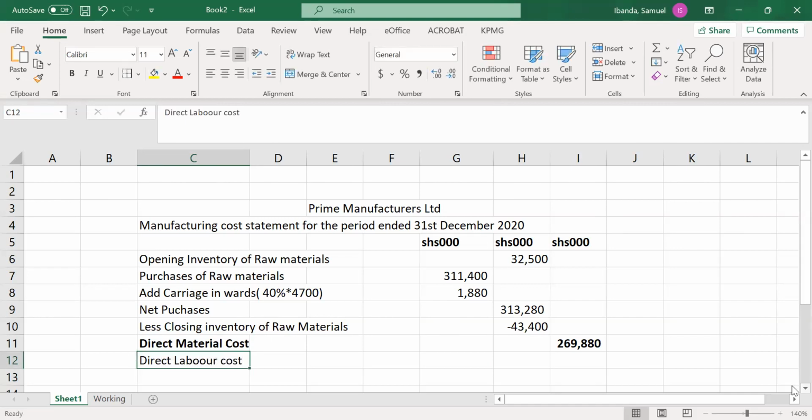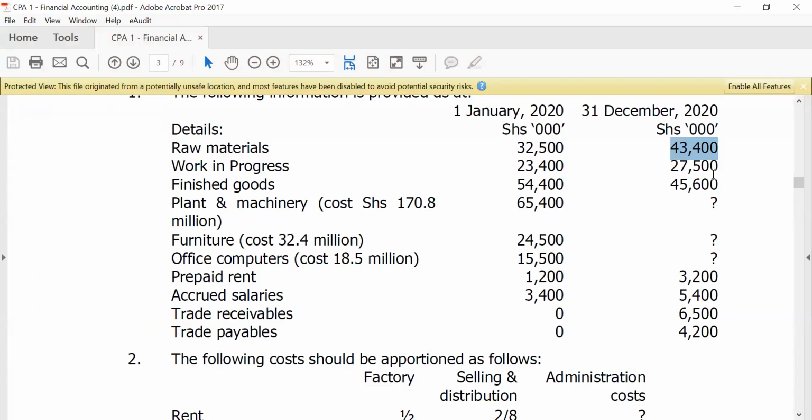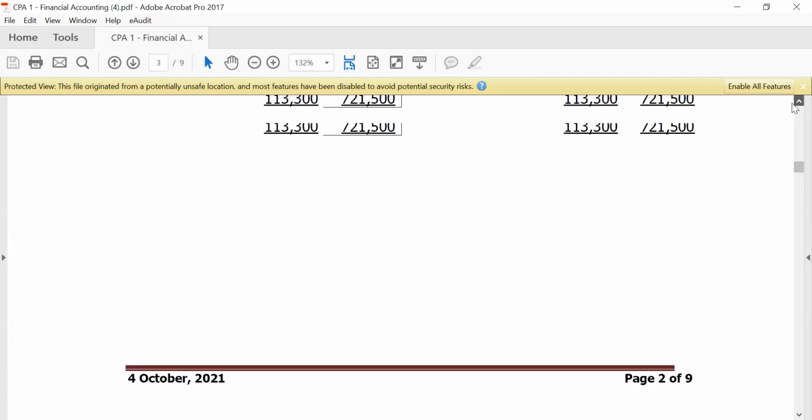That is what I'm going to basically look at. For my direct labor, I'm going to ask myself, what information do I have on labor? Again, I will go back to my question and see, do I have anything that relates to labor?